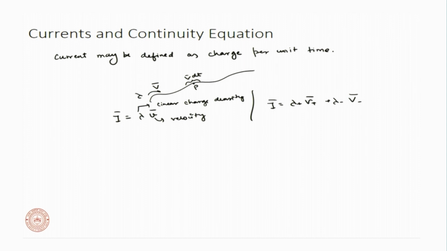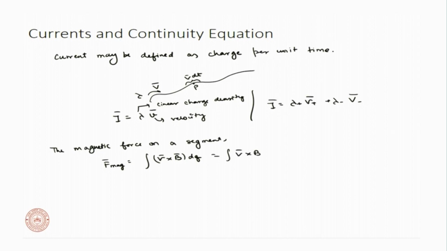Okay. The magnetic force on a segment, this segment v dt, will be equal to the integration of V cross B vector times dq, which is equal to V cross B vector times lambda dl.